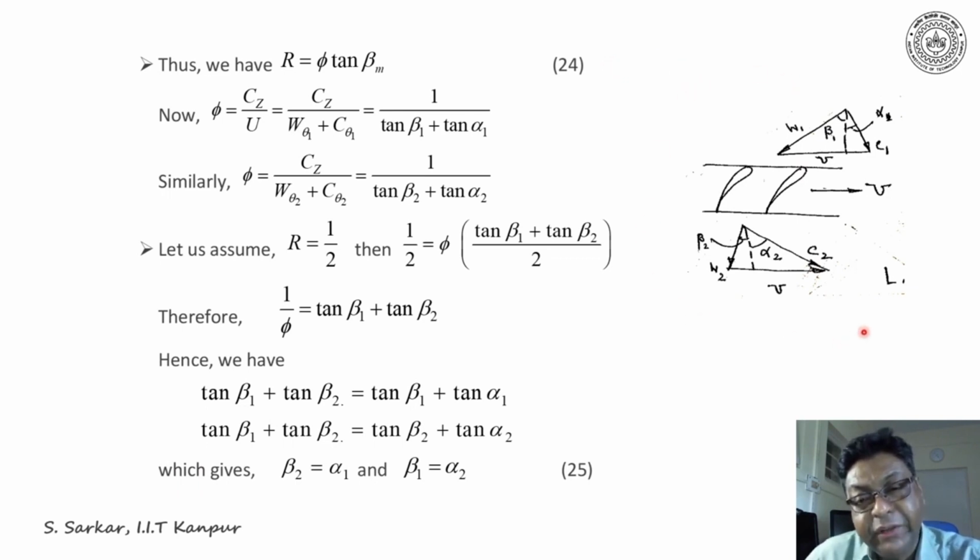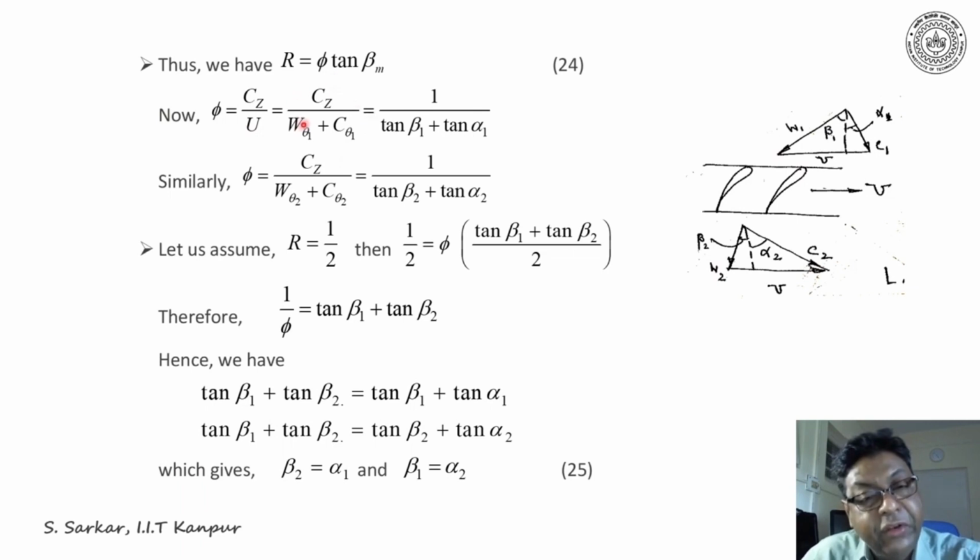I have projected as before the inlet and exit velocity triangle of a rotor. Now I can write flow coefficient phi as Cz by U. U, the blade speed, can be written as W theta 1 plus C theta 1.